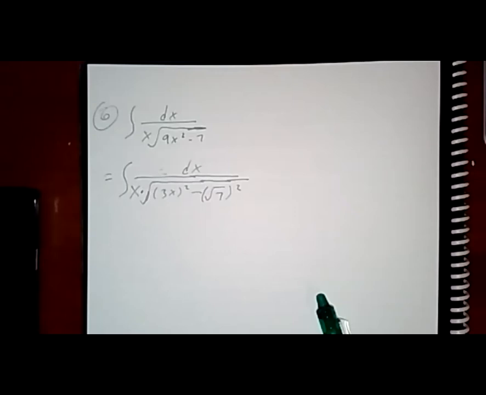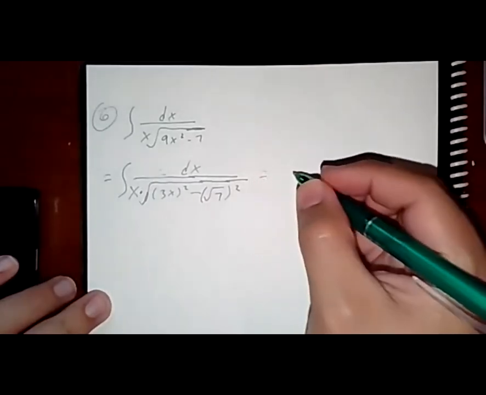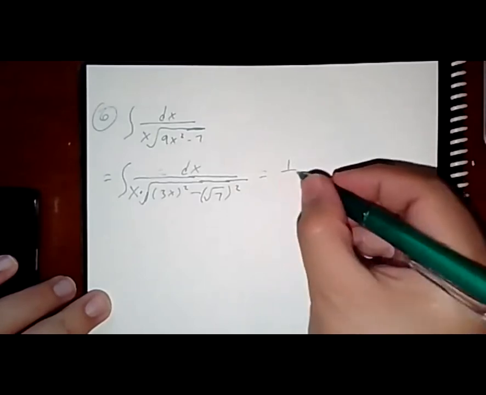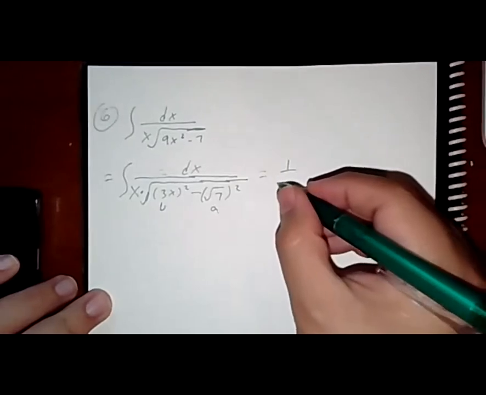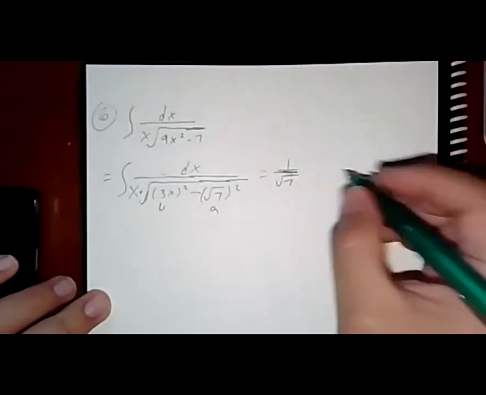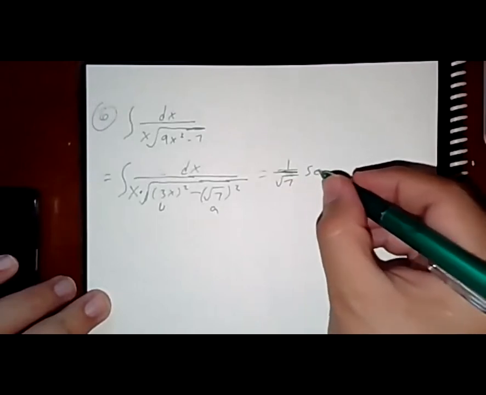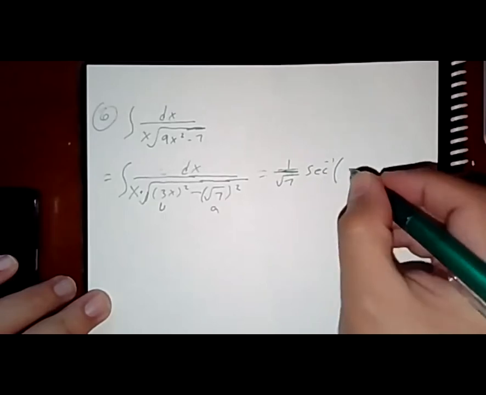It's going to be 1 over a, which is, this is my a and my u. 1 over square root 7, secant inverse or arc secant if you prefer.